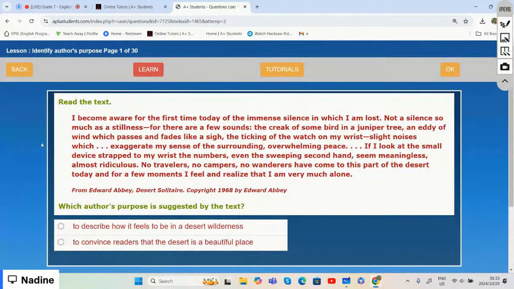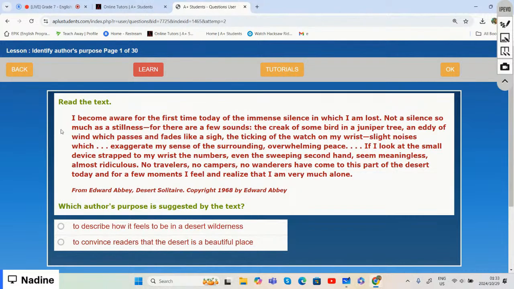We need to read the text, right? And we need to say which author's purpose is suggested by the text. I became aware for the first time today of the immense silence in which I am lost. Not a silence so much as a stillness, for there are a few sounds: the creak of some bird in a juniper tree, an eddy of wind which passes and fades like a sigh, the ticking of the watch on my wrist, slight noises which exaggerate my sense of the surroundings, overwhelming peace.